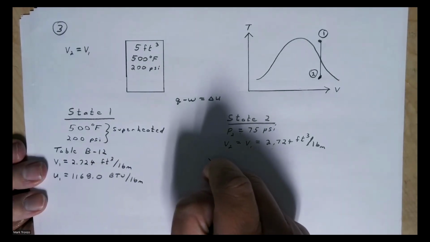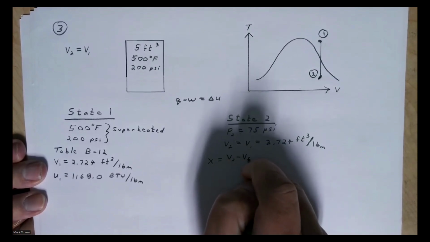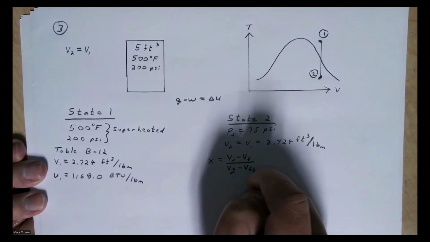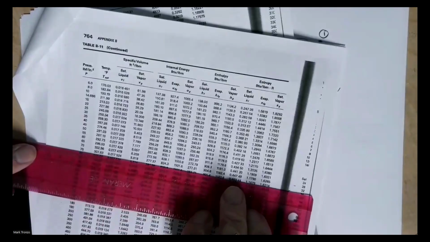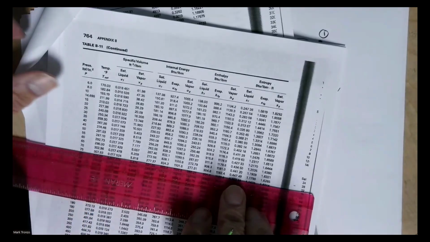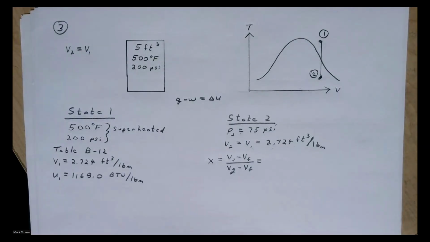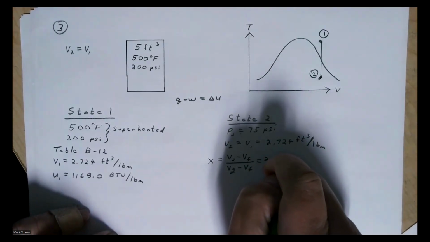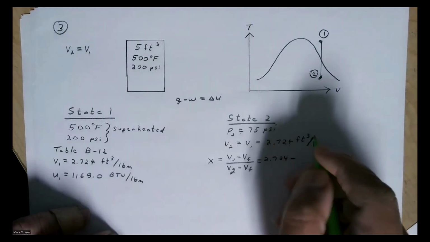So, of course, the quality will be our V2 minus our VF divided by VG minus VF. And once again, look it up in your table here. So our VF is 0.017, our VG is 5.818, and our V2. Again, since everything has the same units, I won't write the units down.